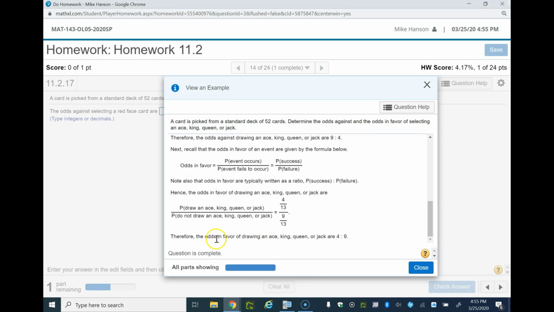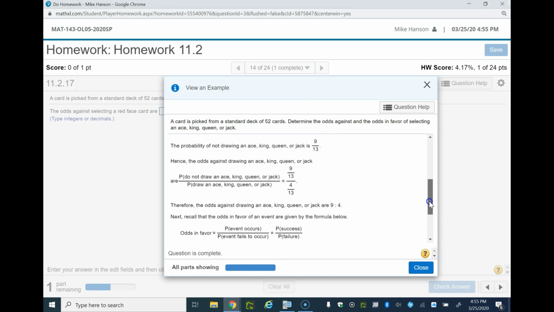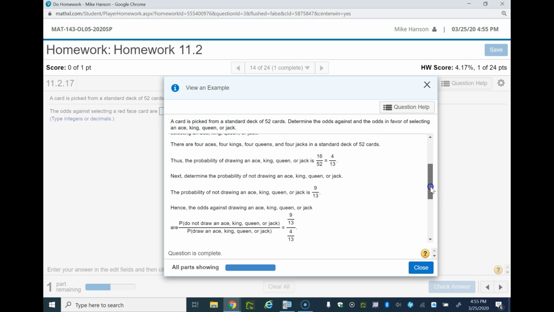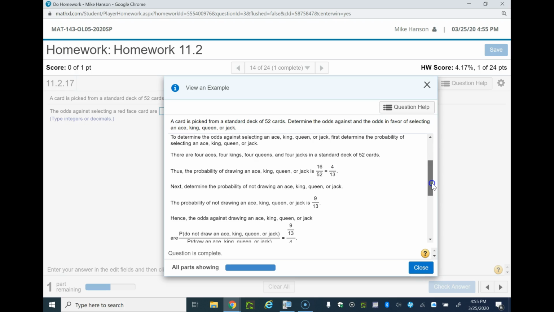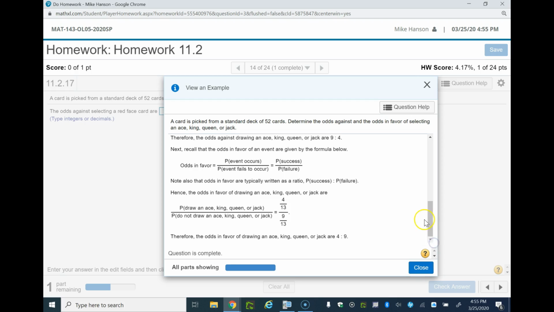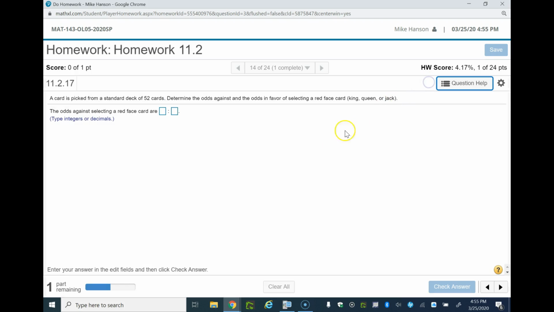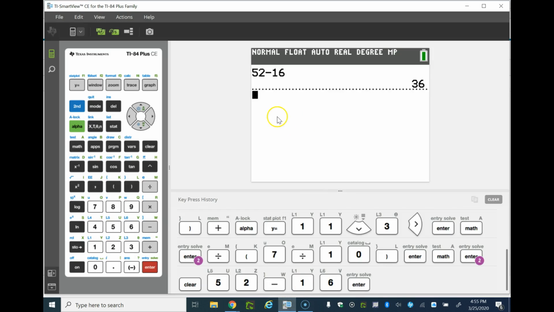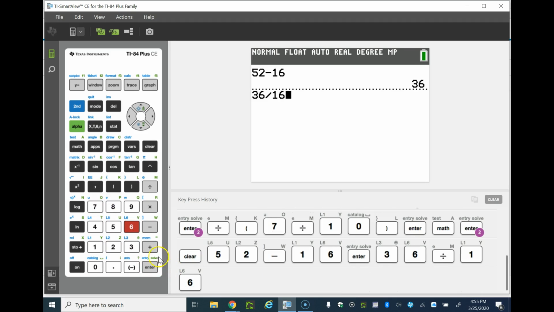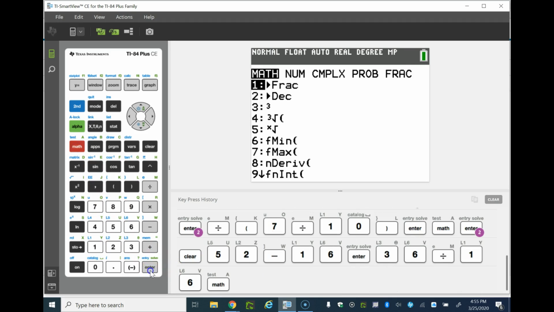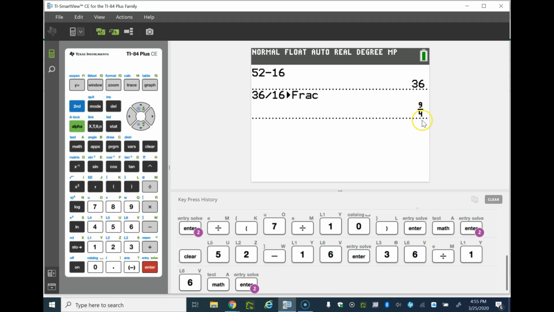So because we're talking about odds against for the first part, we're going to have 36 over 16. And then we reduce this, math, enter, and we get 9 over 4.